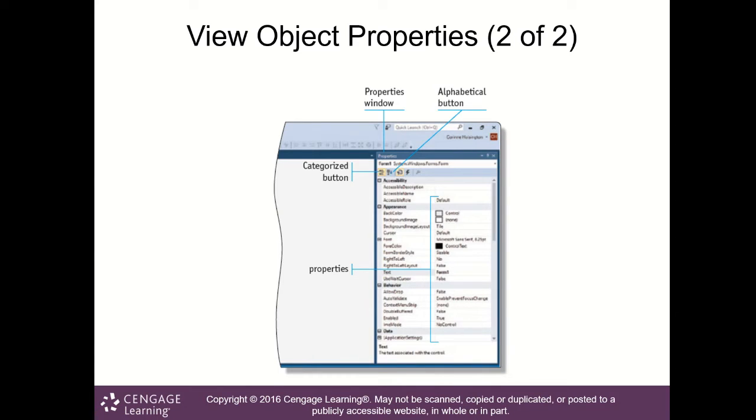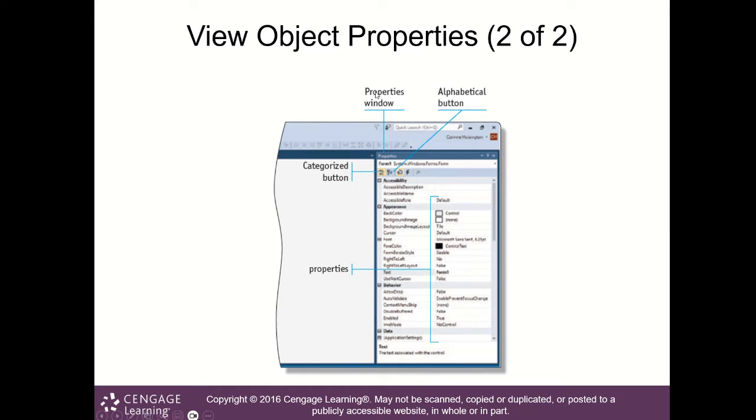On the right hand side of the entire Visual Studio window, you will see the properties pane, where properties are categorized by different categories like accessibility, appearance, behavior, data, and many more.